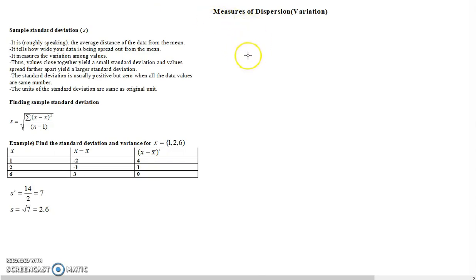Let's assume that we have two different classes. Let's say we have a morning class here, and the other one is afternoon.